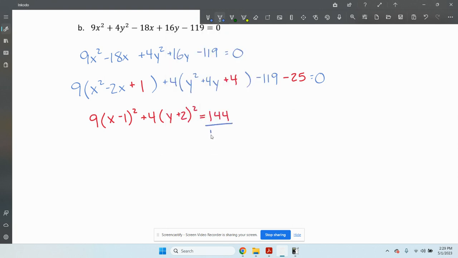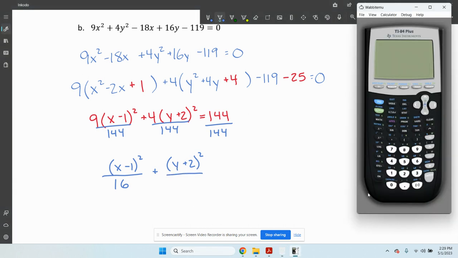So I divide everything by 144. I'm left with (x minus 1) squared over 16 plus (y plus 2) squared over 144 divided by 4, which is 36.